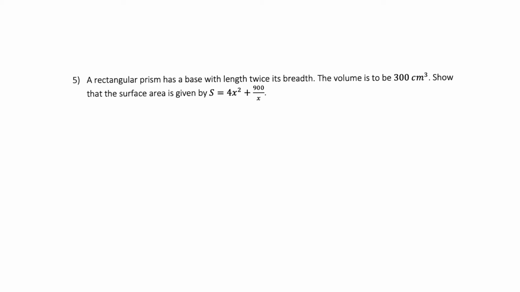All right, so in this question, we're given a rectangular prism and it's got a base with length twice its breadth. Okay, that's going to be important because this part is going to lead us to being able to find the dimensions, or at least label them or give them a value. Now the volume of this prism is going to be 300 cubic centimeters.